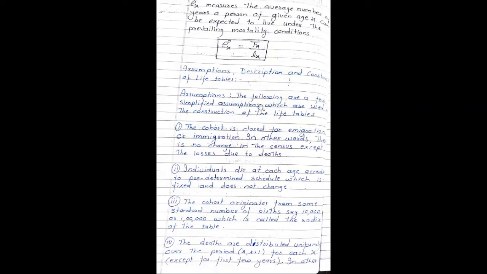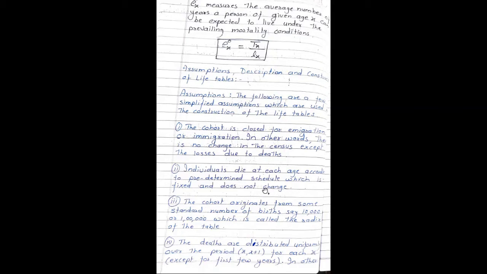Assumptions. The following are a few simplified assumptions which are used in the construction of life tables. First assumption, the cohort is closed for immigration or emigration. In other words, there is no change in the census except the loss due to deaths. Next assumption, individuals die at each age according to a predetermined schedule, which is fixed and does not change.